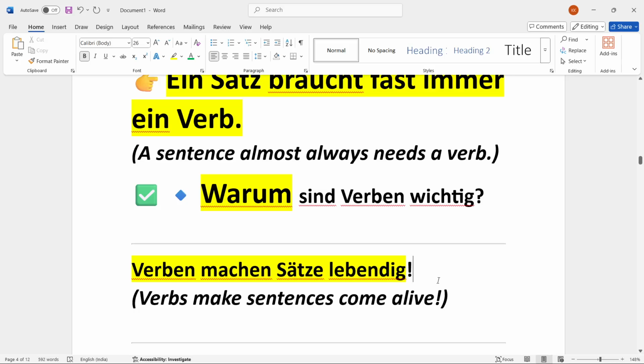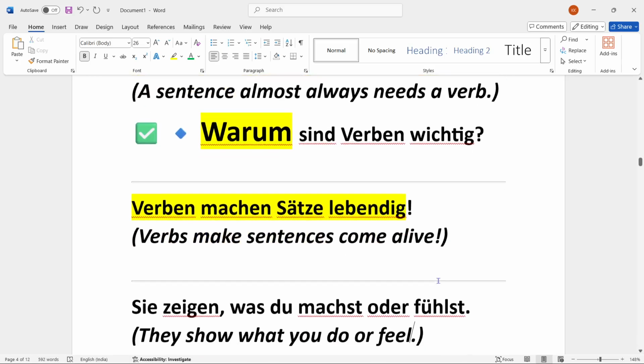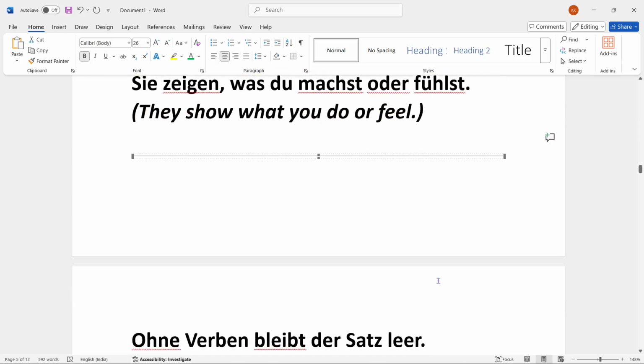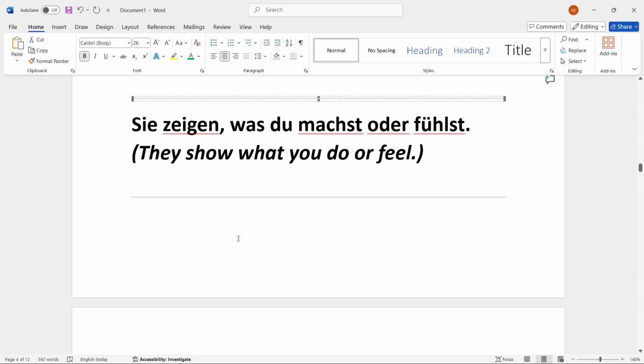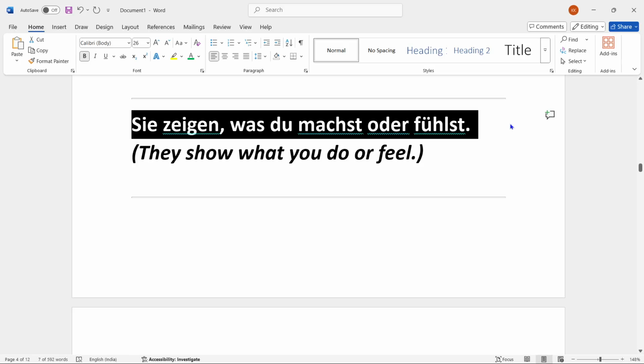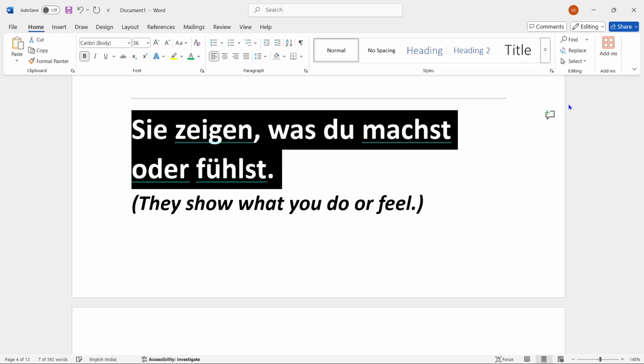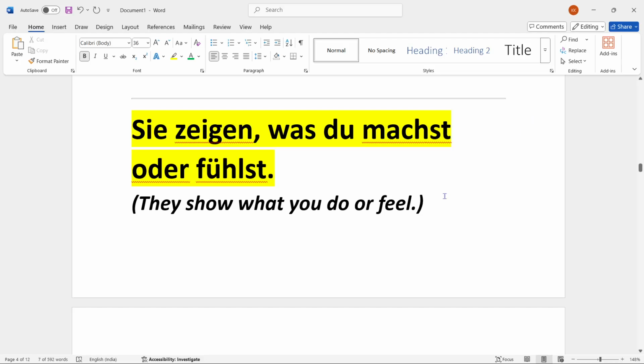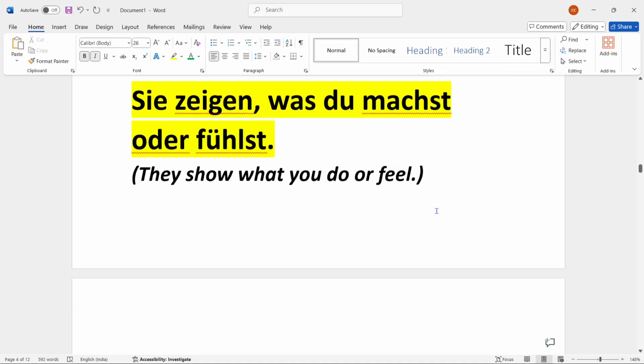The verbs make sentences come alive. First thing, sie zeigen, was du magst oder fühlst. They show what you do or feel. So these are the verbs.